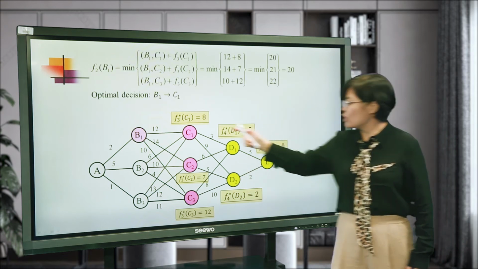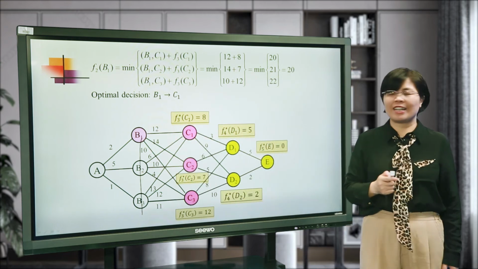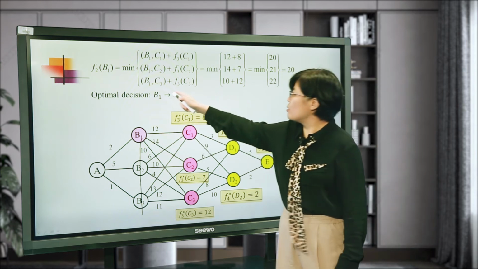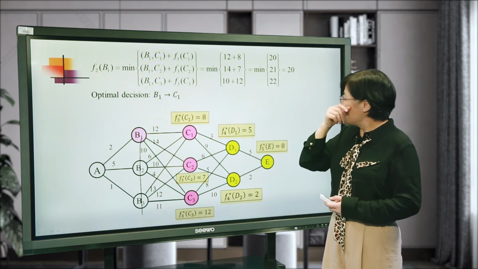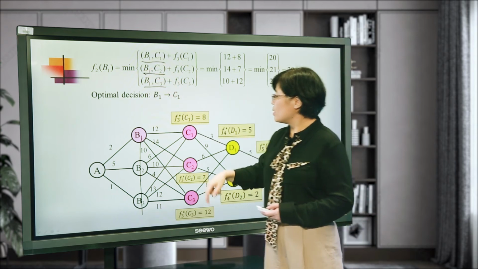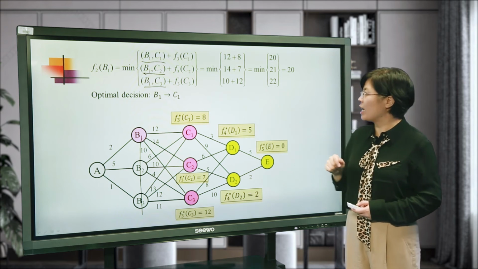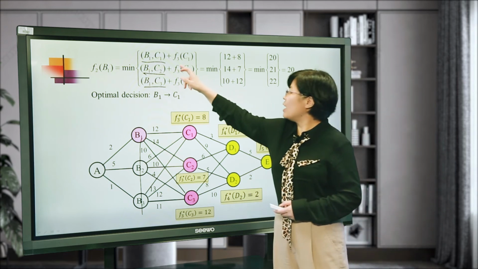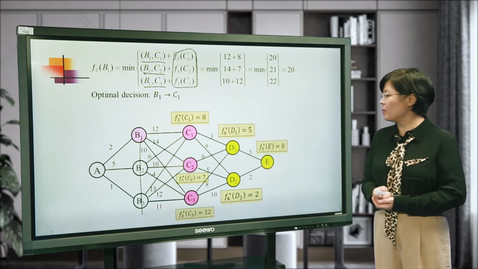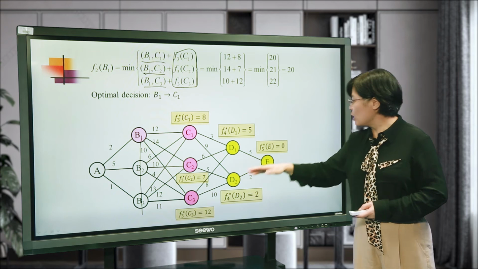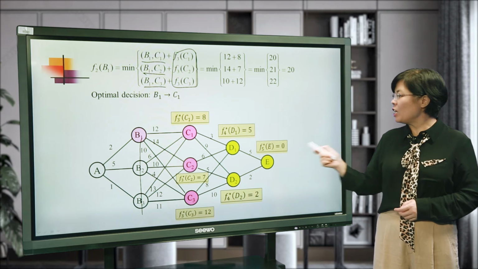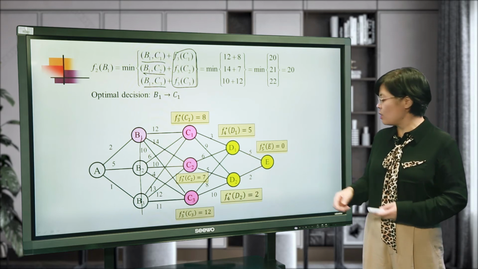Then stage 2. There are also 3 states. For each state, for example B2, we use this formula: the length equals the distance from B2 to C1, C2, C3, summed with the shortest route from stage 3 to the end. So we get that the optimal decision for B1 is to go to C1.